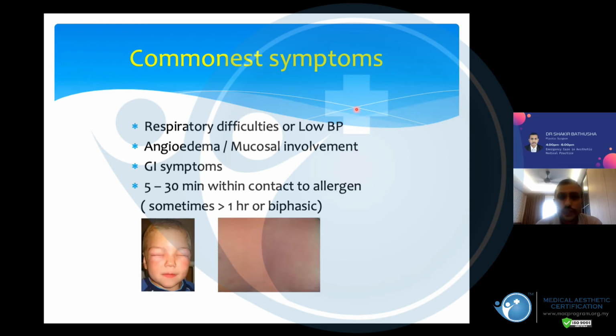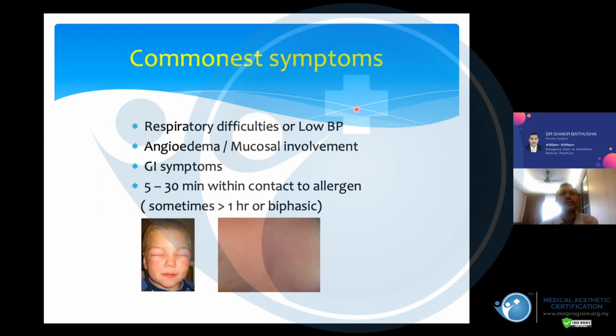They present with respiratory difficulty, sometimes with hypotension, low BP. They present with angioedema with mucosal edema. They can also present with certain GI symptoms: nausea, vomiting, cramping, diarrhea. Sometimes it happens rapidly, immediately after contact with the allergen, but sometimes it can also present later, or biphasic.